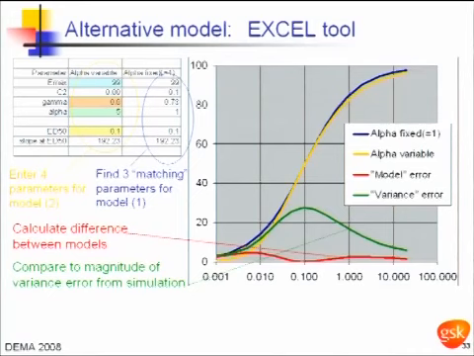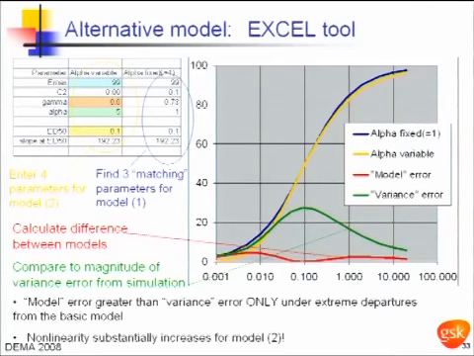That's our error. And you see that the variance error is substantially larger than the difference between the 2 models. So we have this difference only on the extreme departures from the basic model. And the nonlinearity measure substantially increases for the second model. There is a nice book by Ratkowsky where you can read about all these nonlinearity measures.